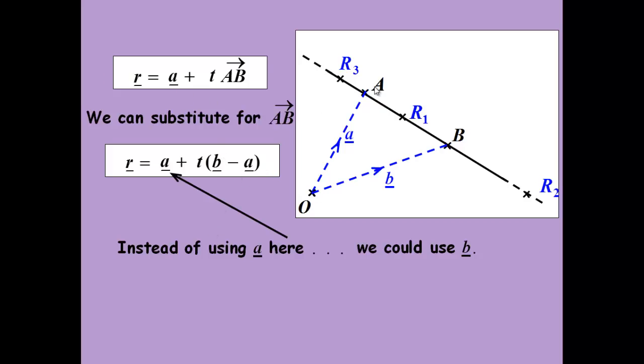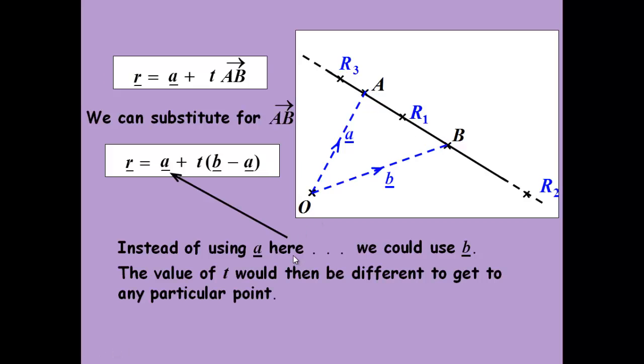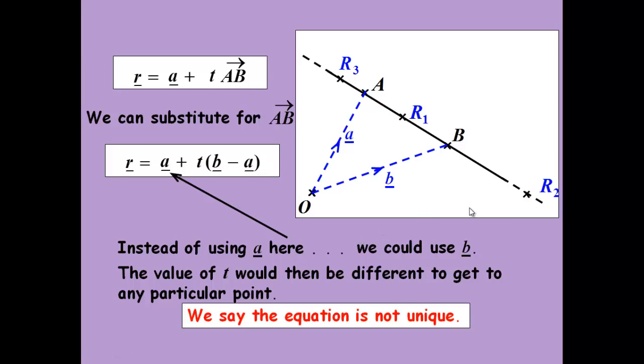We used A in this example. We could equally have used B. If we'd used B, it would have given us a different equation basically. So if we'd gone to R1 from B, it would have been B plus minus half AB, or to R2 it would just be plus AB.